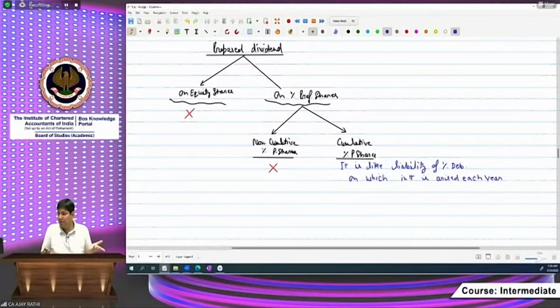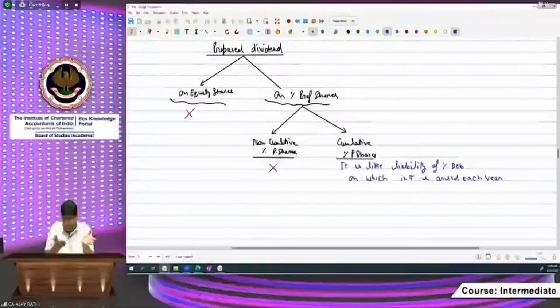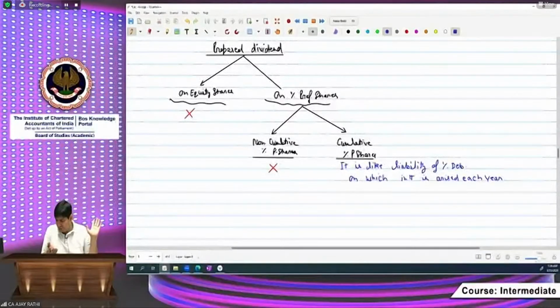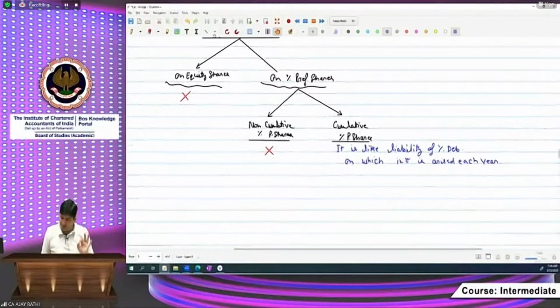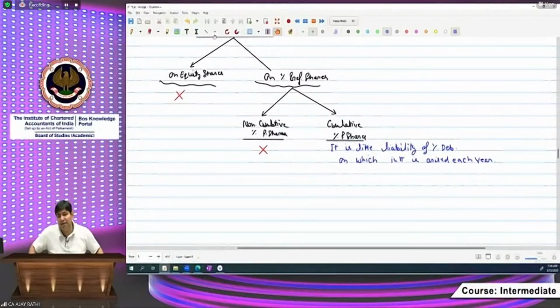Like interest on debenture, dividend is accumulated on this. In the next year when you pay any dividend, first you have to pay the earlier dividend which has not been paid to preference shares for any reason, beta. So the right gets accumulated like interest.